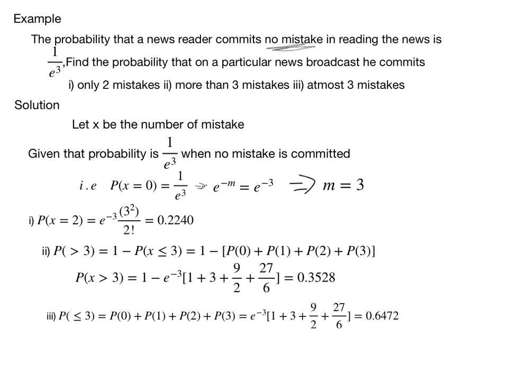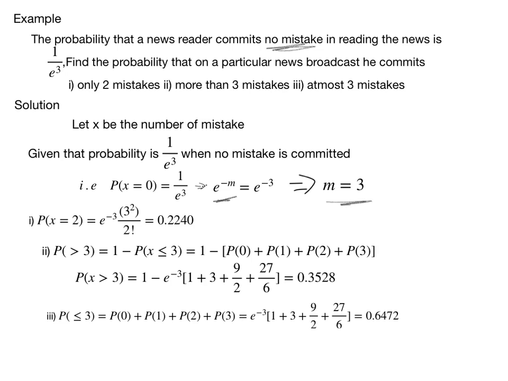The question gives you the value of x, but for the Poisson distribution m is very very important. If I assume x is the number of mistakes, P of x equal to 0 indicates no mistake, given by 1 upon e to the power 3. Writing the Poisson distribution for P of x equal to 0, you have only e to the power minus m. So e to the power minus m is equal to e to the power minus 3. Equating these two, I get m is equal to 3.